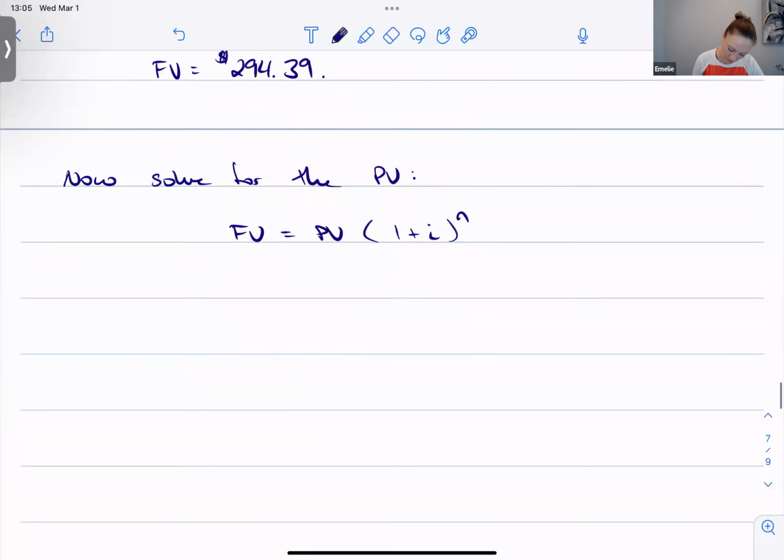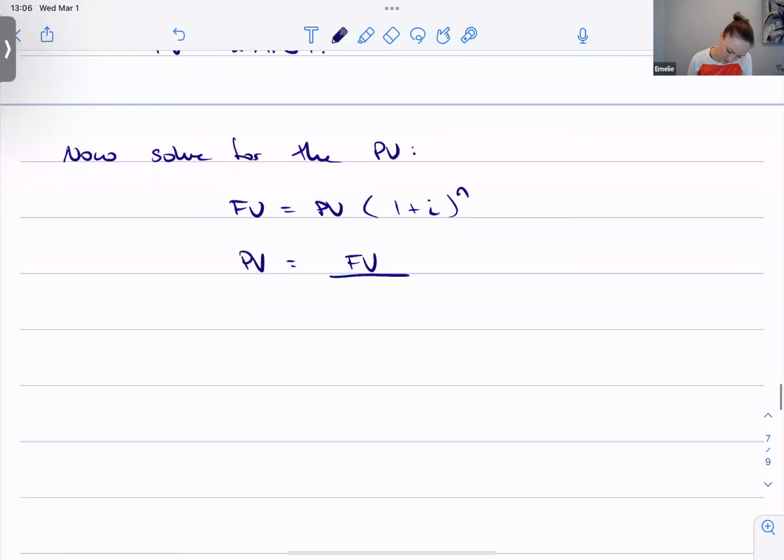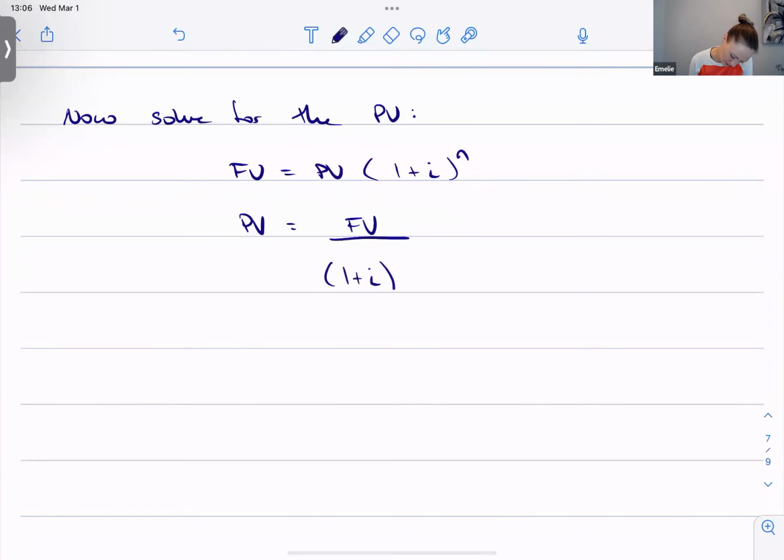The present value, right? If I want to get it alone, I hold it steady, then I have to divide that whole chunk over to the left-hand side, but then I do a little switcheroo. Present value is future value divided by 1 plus I to the power of n. Yeah. This is on your formula sheet.